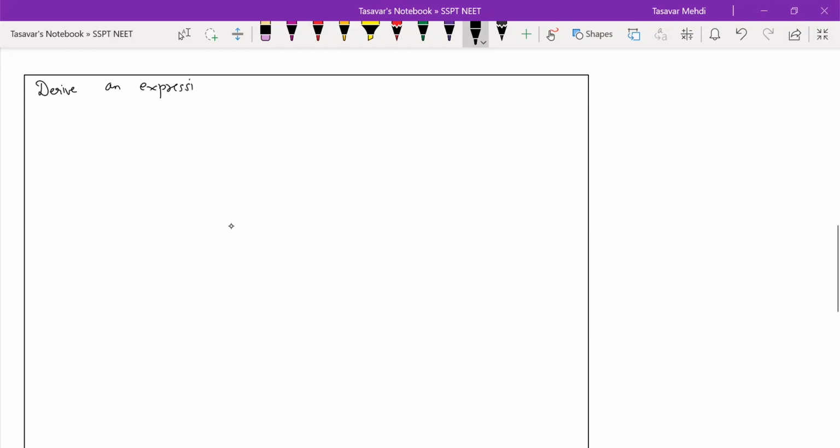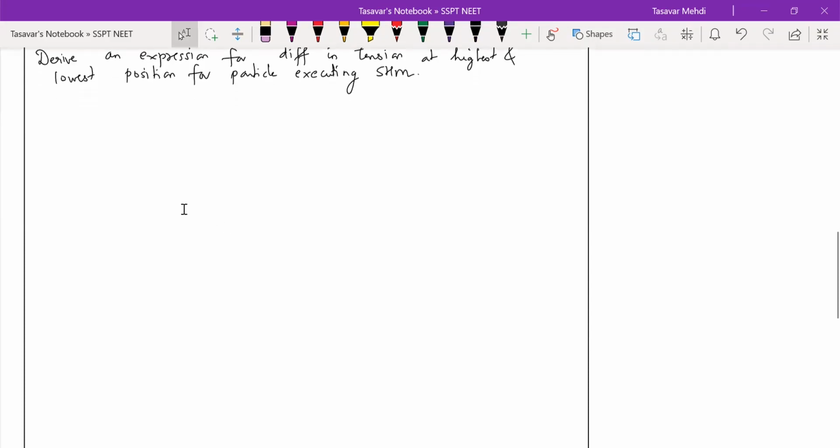Derive an expression for difference in tension at highest and lowest position for a particle executing SHM. So let's start.